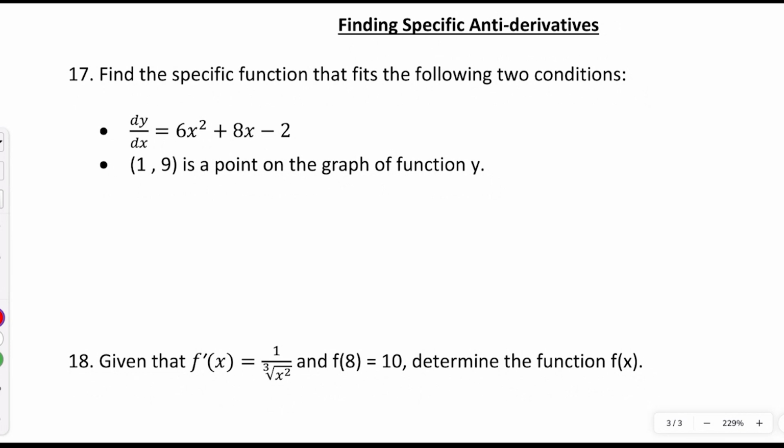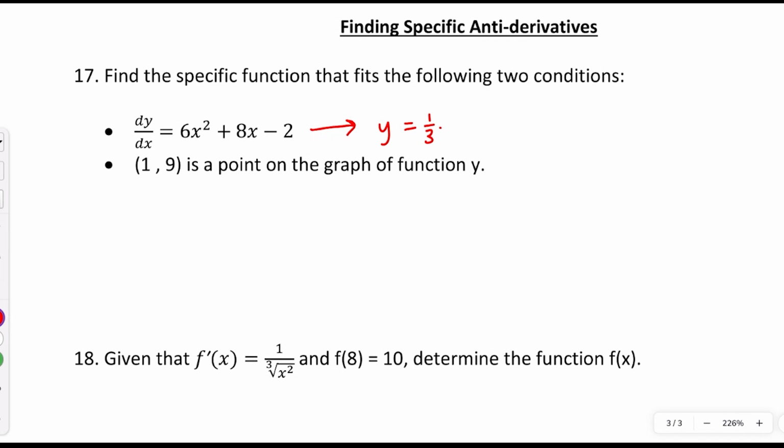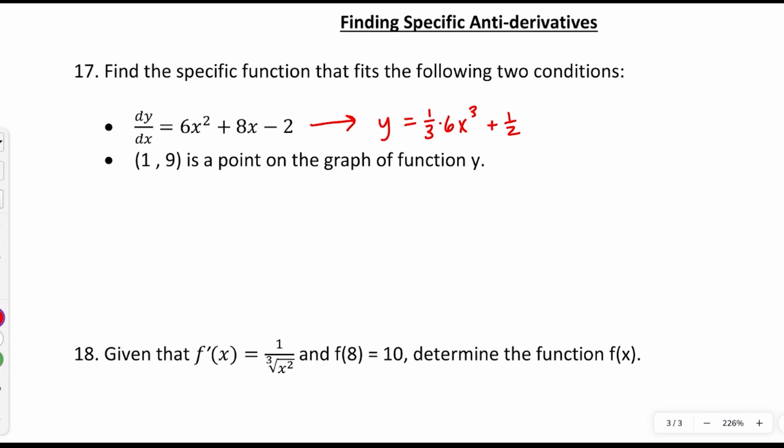So you just go through the same process here. If this is dy/dx, y would be 1/3 times 6x cubed plus 1/2 times 8x squared minus 2x plus c.